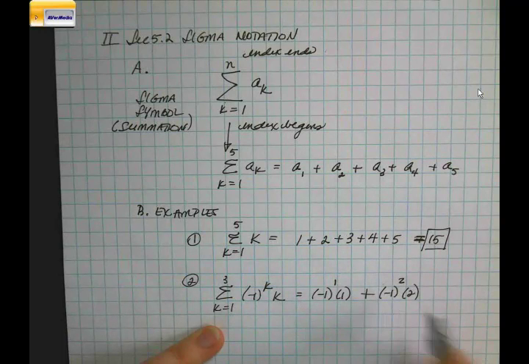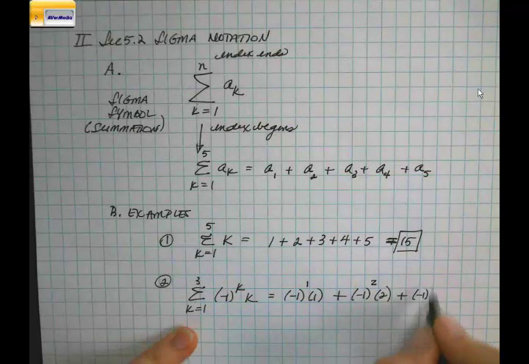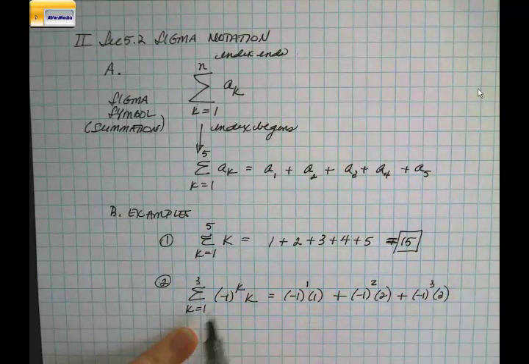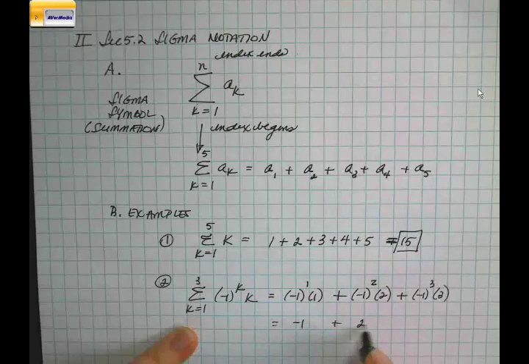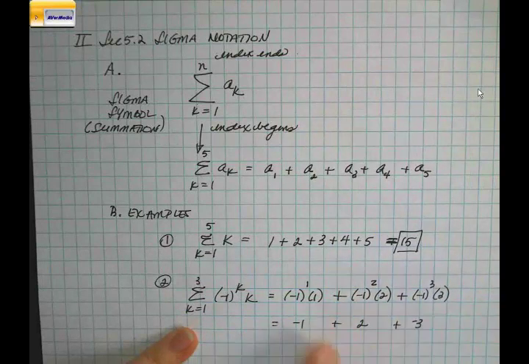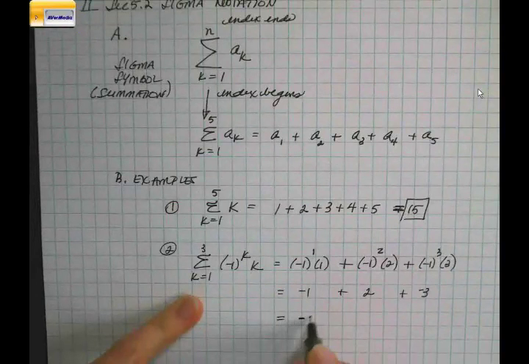Negative 1 to the second power times 2. Your third term is where k is 3. Negative 1 to the third power times 3. And that's where you stop because k is going from 1 to 3. So here's where k is 1, k is 2, and k is 3. And this turns out to be negative 1 plus 2 plus a negative 3. Alternating signs, negative, positive, negative. And then this would evaluate out to being what, a negative 2?